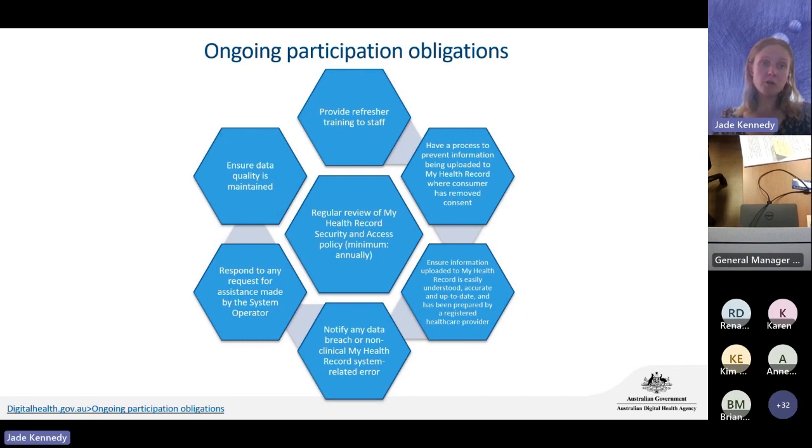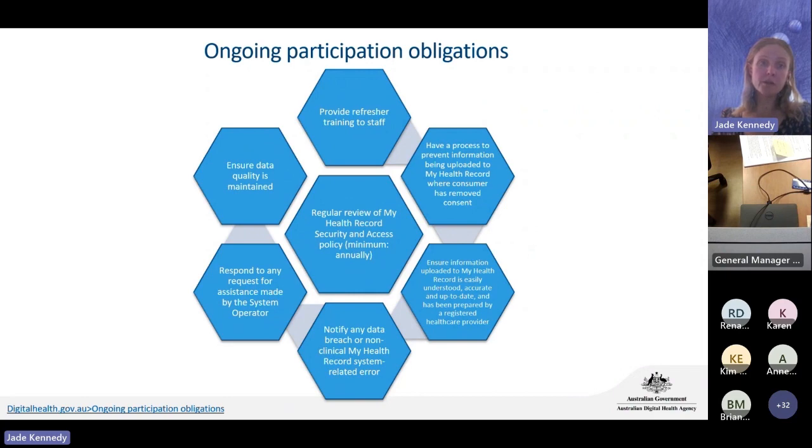A requirement to ensure that data quality is maintained, and a requirement to respond to any request for assistance made by the system operator. So, for example, if your organisation was contacted in the context of one of the quality assurance exercises that I mentioned, then there is actually a legal requirement to respond to that request from the system operator.